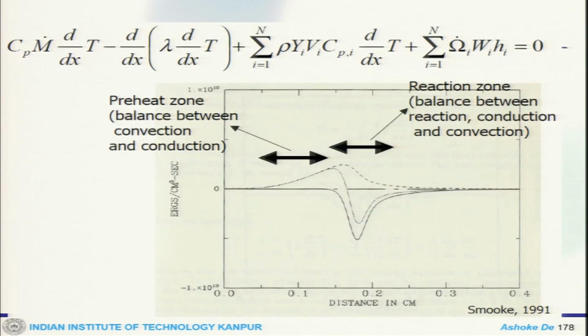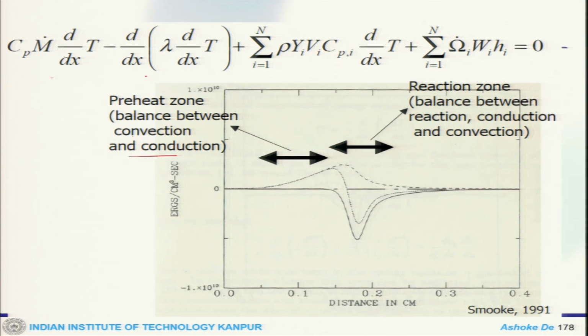Now we convert the temperature equation, and if we plot these things for different terms, in the reaction zone there is always a balance between convection and conduction.